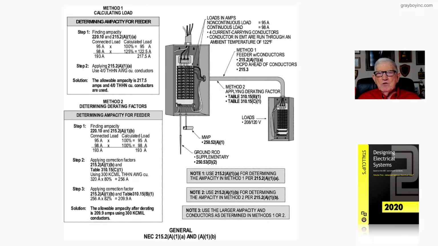So this feeder circuit would take a 300 kc mil, and you got to be able to terminate that. So if those lugs won't take it, remember, you can't saw the strands out because you wouldn't comply with a 300 kc mil from Table 8 to Chapter 9, that requires a minimum of 37 strands of wire that's listed there, or whatever the strands are in the wire itself.